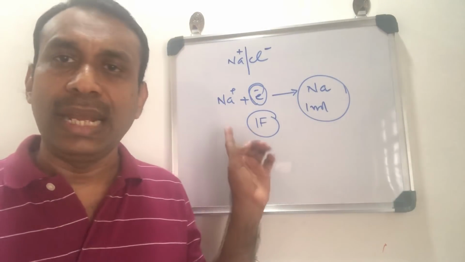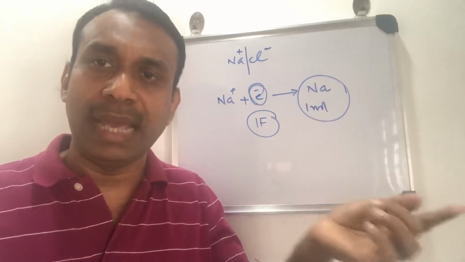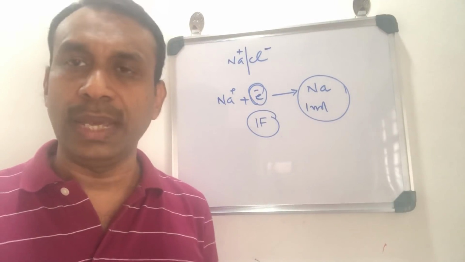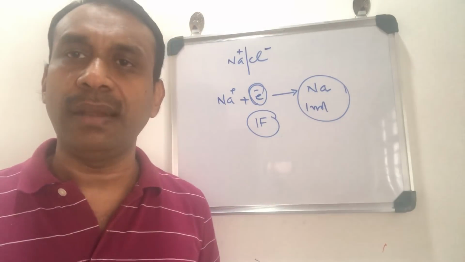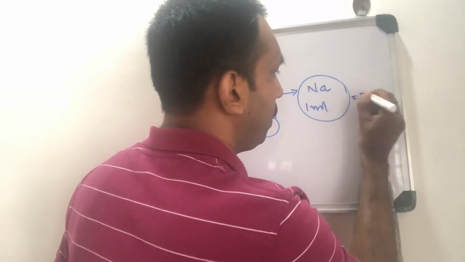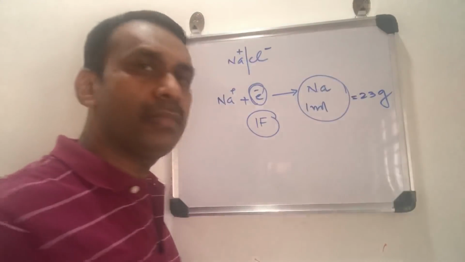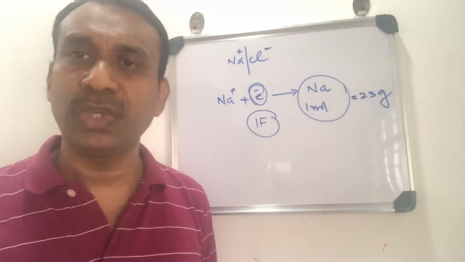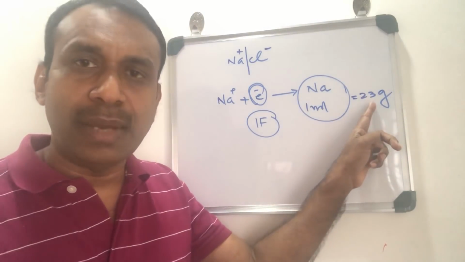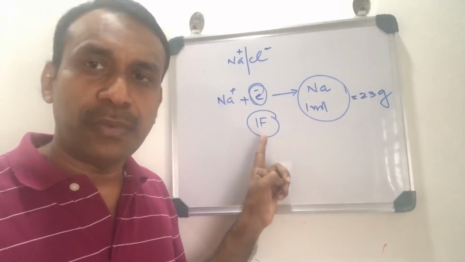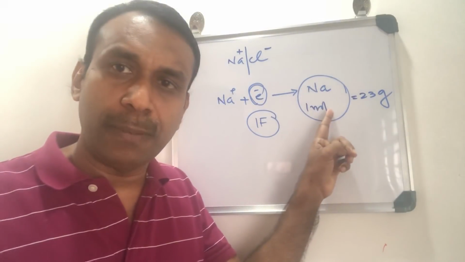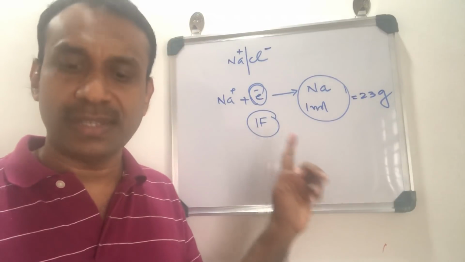Once again, Na+ is converted into Na by accepting 1 electron. So, to produce 1 mole sodium, how much electricity is required? 1 Faraday. We know 1 mole sodium means 23 gram, the atomic mass of sodium being 23. So, to produce 23 gram sodium, 1 Faraday of electricity is required.